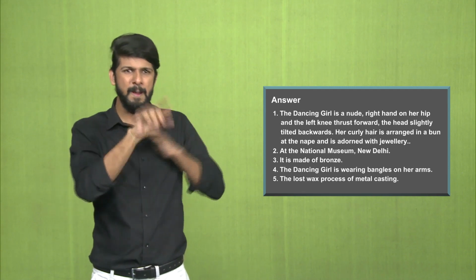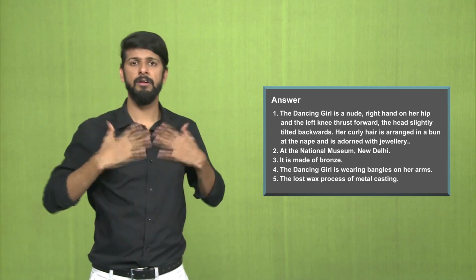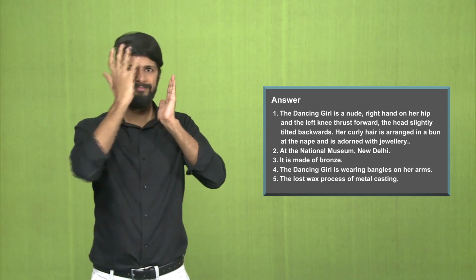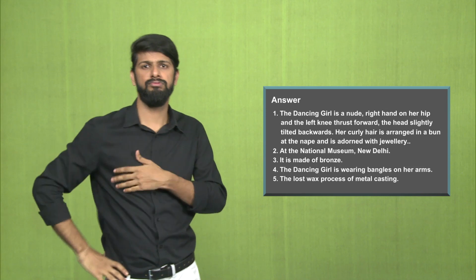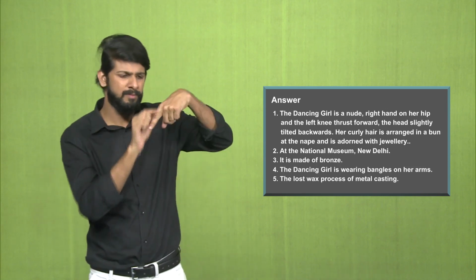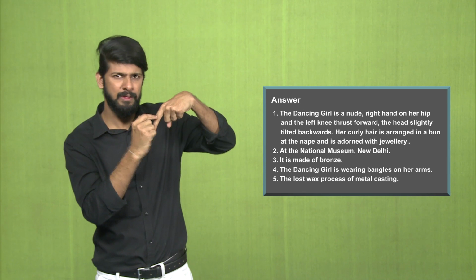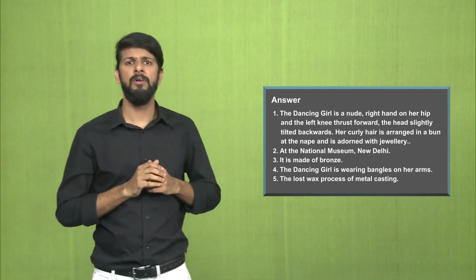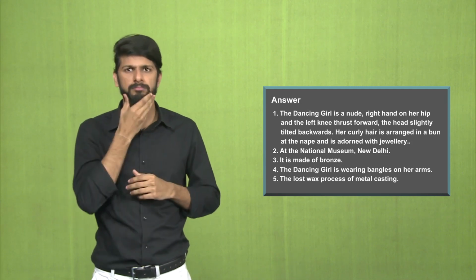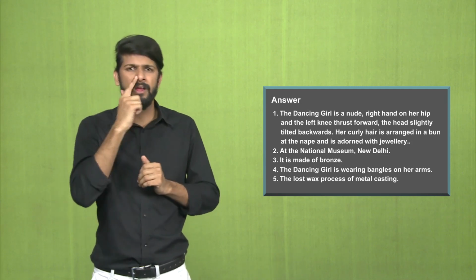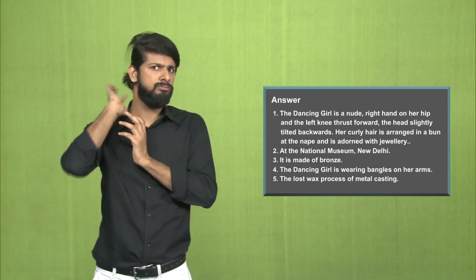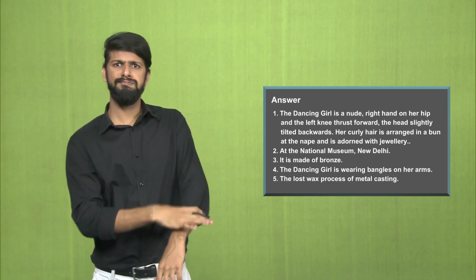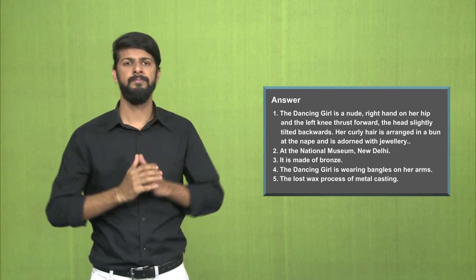Answers. Answer number 1. The dancing girl is nude, with her right hand on her hip, the left knee thrust forward, the head slightly tilted backwards, her curly hair arranged in a bun at the nape, and she is adorned with jewelry.